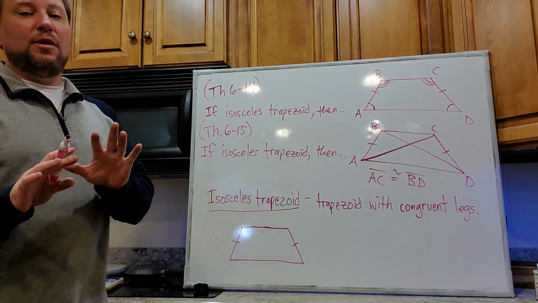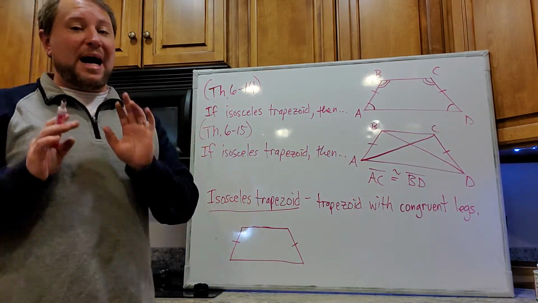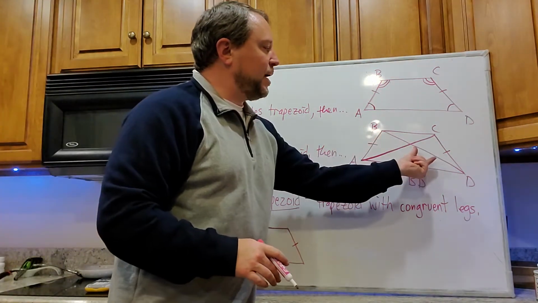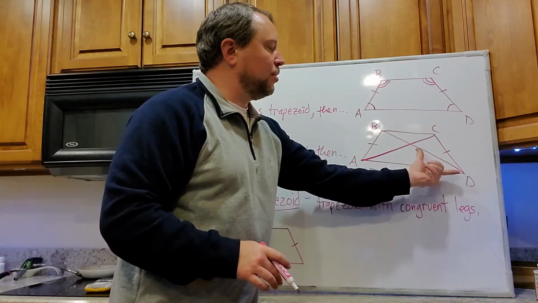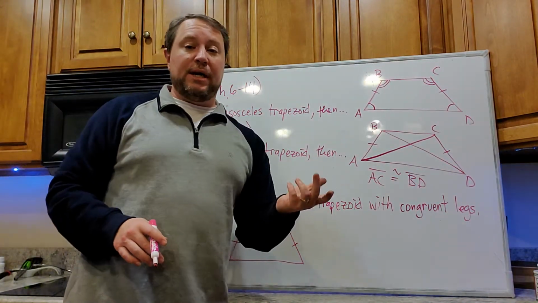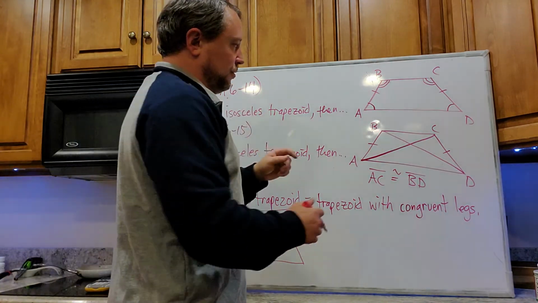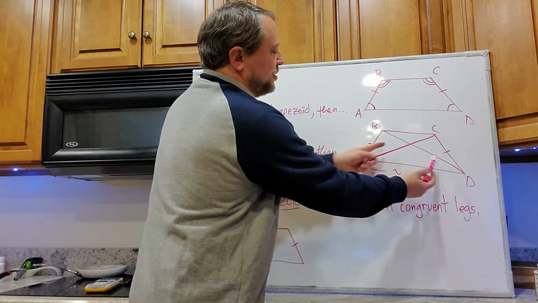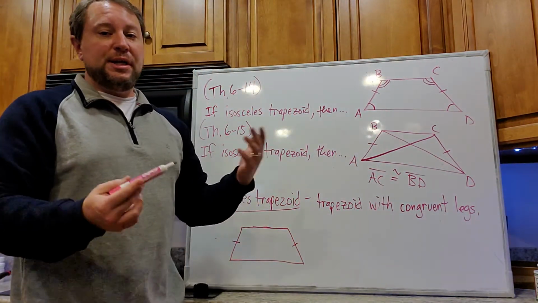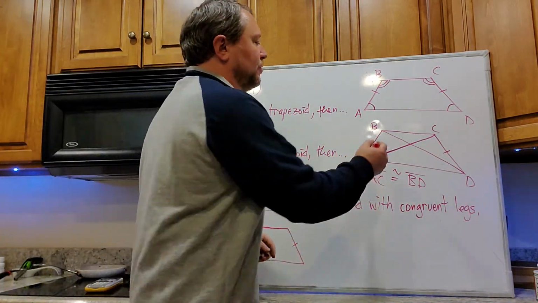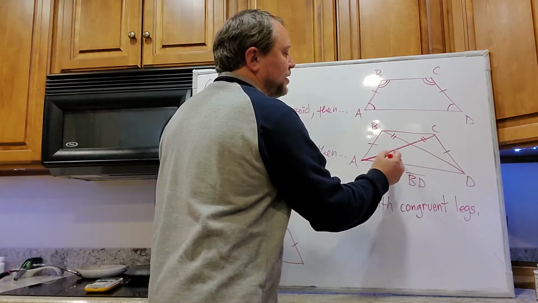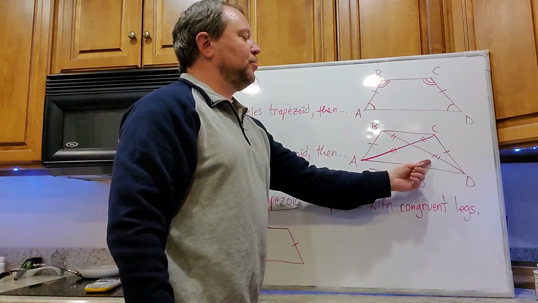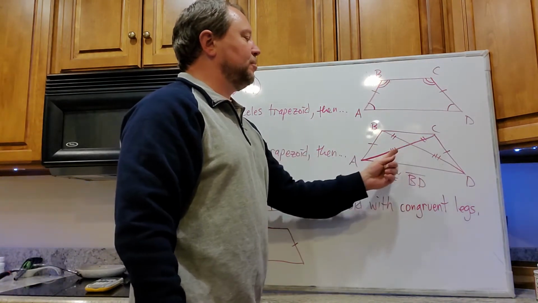Be careful though, do not say that the diagonals bisect each other. They do not. This little part's not going to match that other part down here. That was longer. Okay, I think you could probably end up proving in the end that this short little piece here matches that short little piece, and this piece matches that piece, which in the end, when you add them together, if this matched this, and that matched that, then a double plus triple would equal the other diagonal, double plus triple, see?